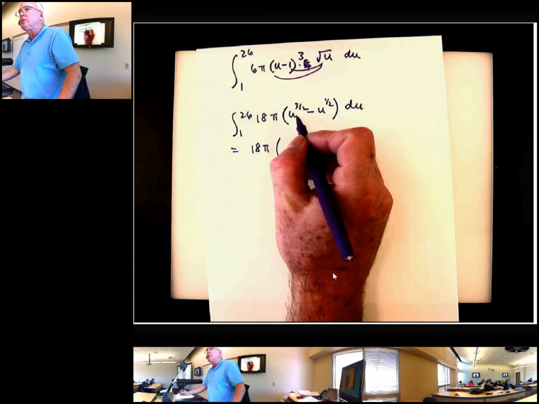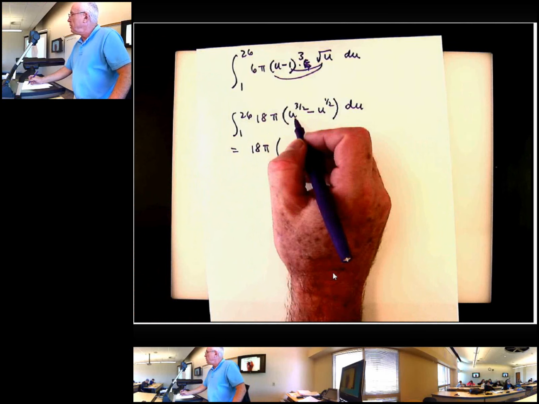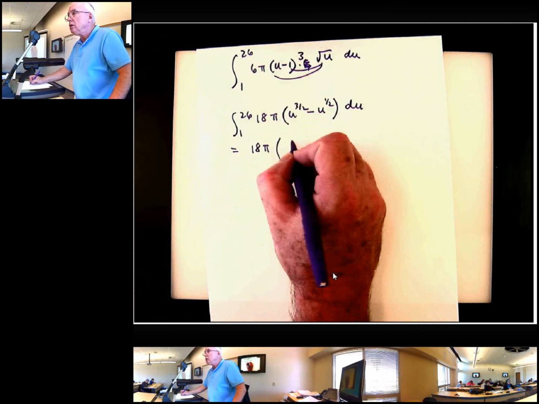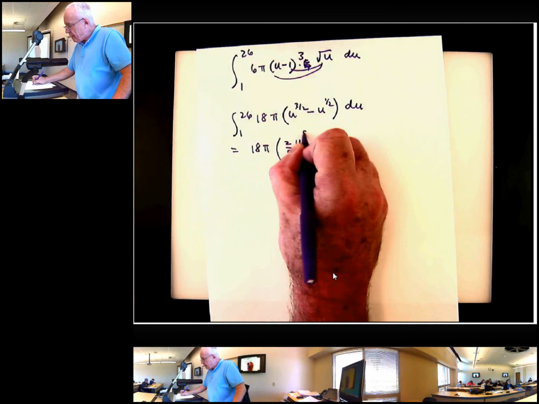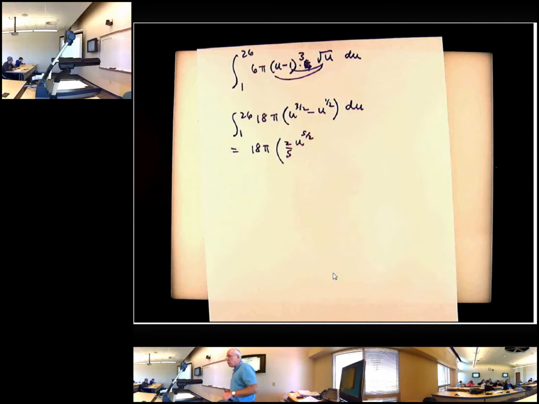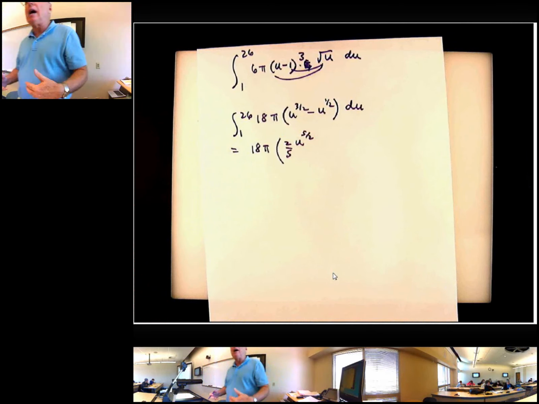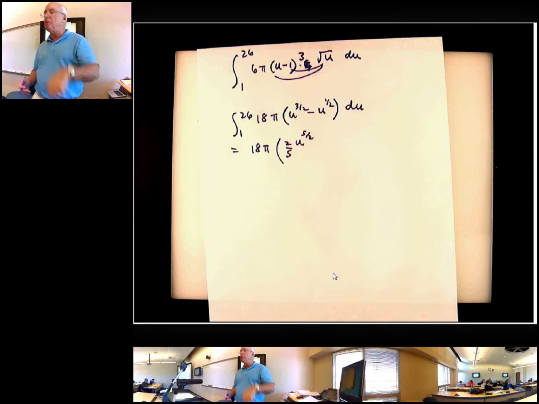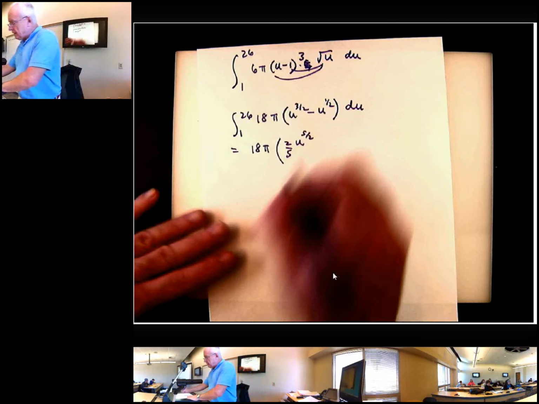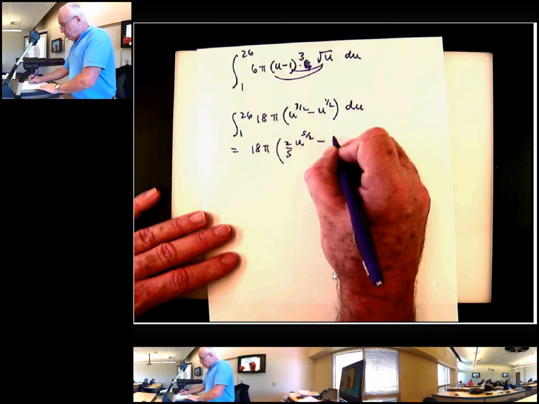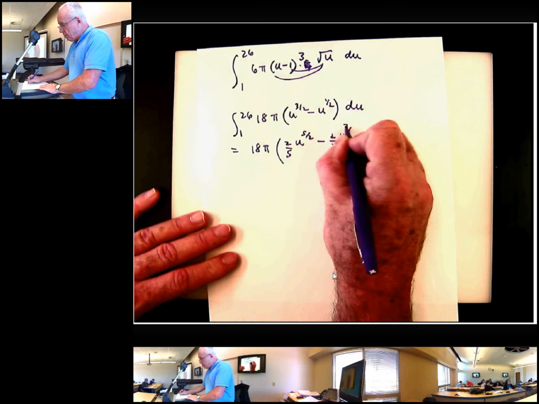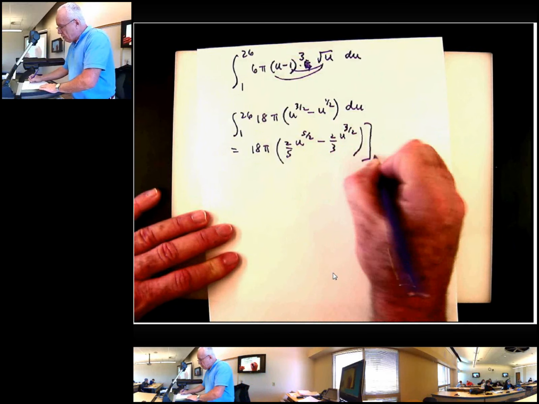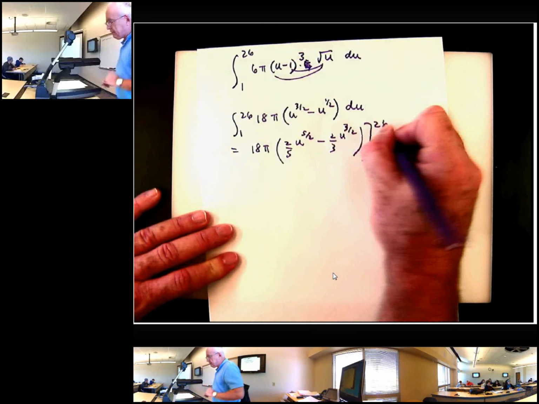Antiderivative of this is going to be, what are we going to get? 2/5 u to the 5/2 power. Again, you add 1, you get 5/2, and when you divide by 5/2, it's the same as multiplying by 2/5, and then minus 2/3 u to the 3/2 power. And then that's all being evaluated from 1 to 26.